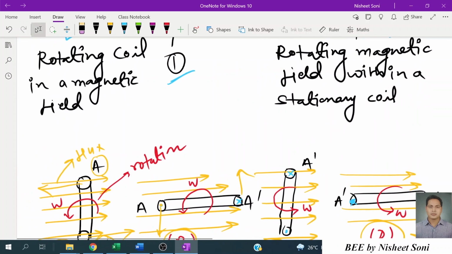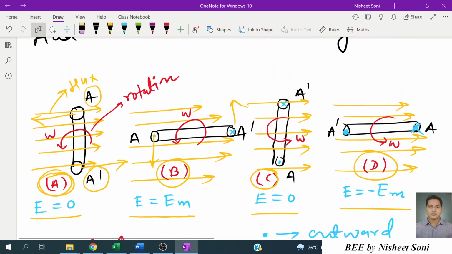In these four conditions, we can easily understand how the EMF is generated in the coil sides. So in the first condition, you can see that the coil has coil sides A and A dash, and that coil is rotated in a uniform magnetic field in anti-clockwise direction at omega radian per second.